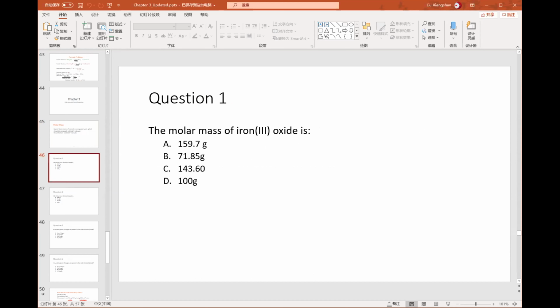Okay, let's continue. The molar mass of iron oxide is, you should choose A, which is 159.7 grams per mole.